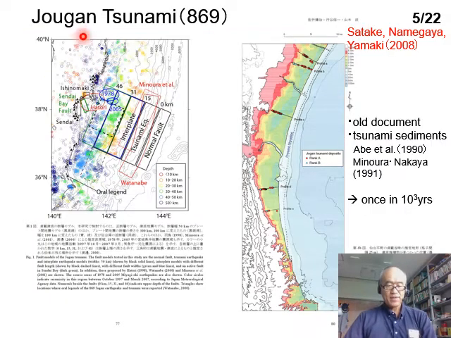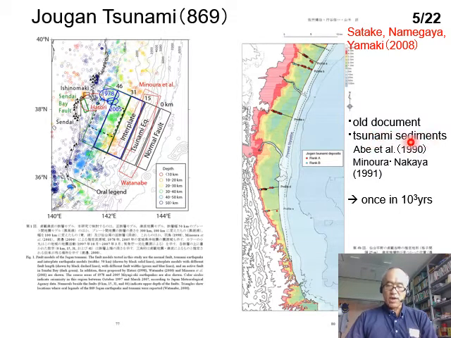However, there is one exception, that is the Jougan Tsunami in 869. The tsunami is documented in an old document only in a few lines. Therefore, the details are still unknown.